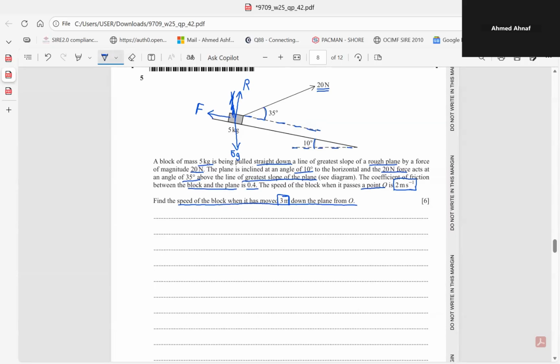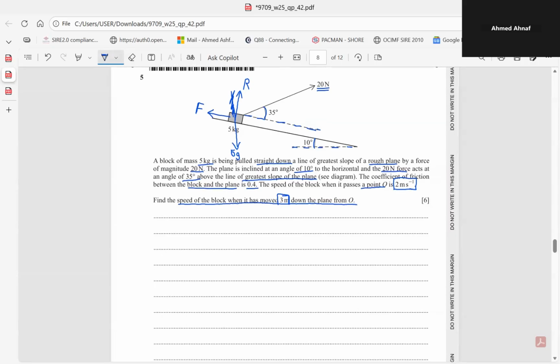Okay, so first let's take the forces perpendicular to the slope. Since it's not going up or down relative to the slope, we can assume that all these forces are in equilibrium. So let's take the component of all the forces.